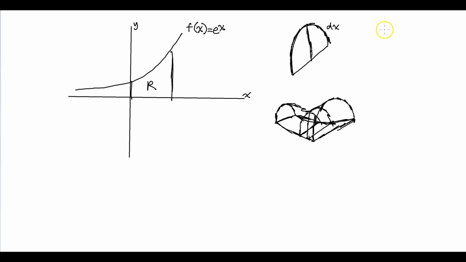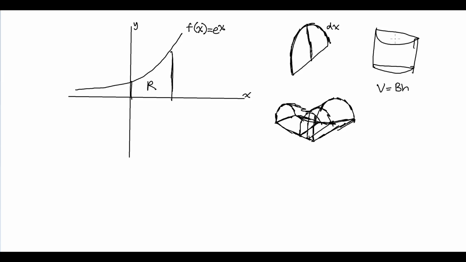Then it basically becomes like a prism, except that the height is infinitely tiny. So you could just use volume equals the base area times height, because it's a prism with negligible height.